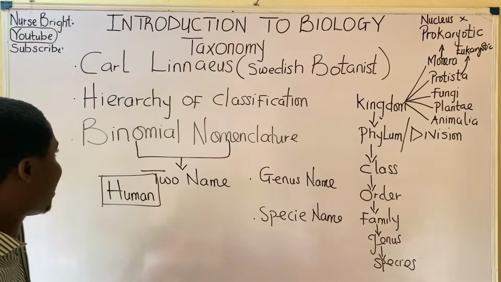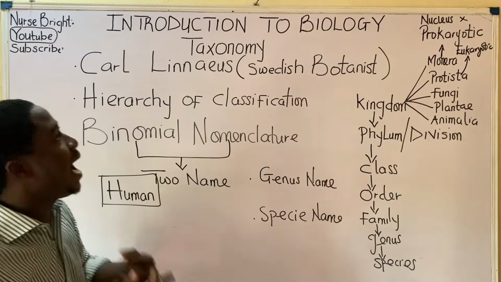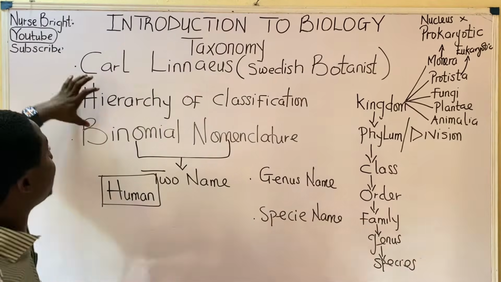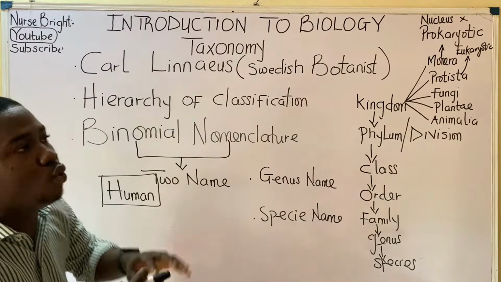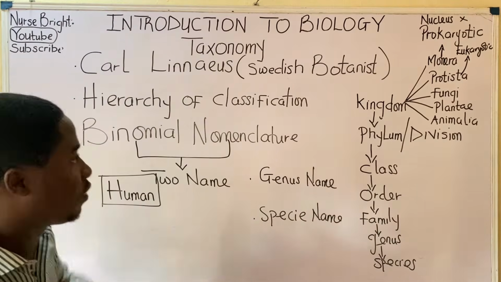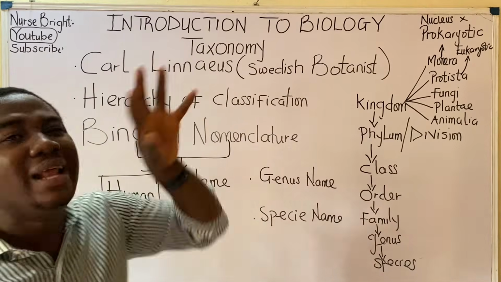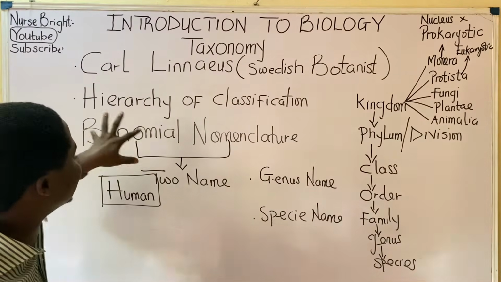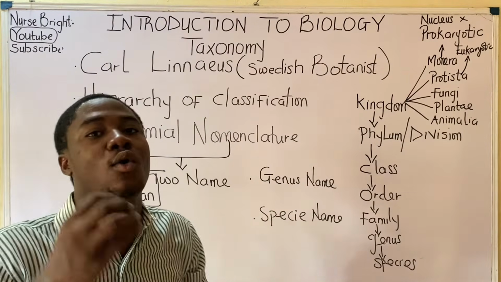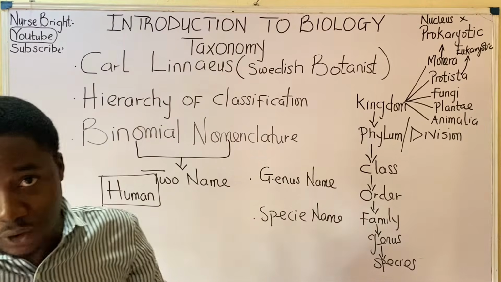Remember I said that binomial nomenclature is the act of giving an organism two names. And remember, Carl Linnaeus explains the concept of classification of organisms and also naming organisms. All organisms have their own specific scientific name.